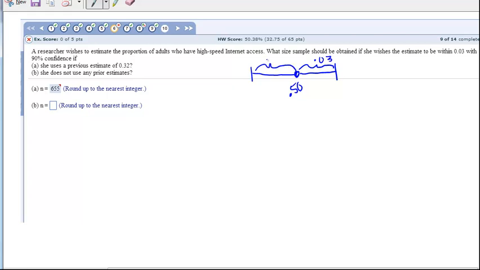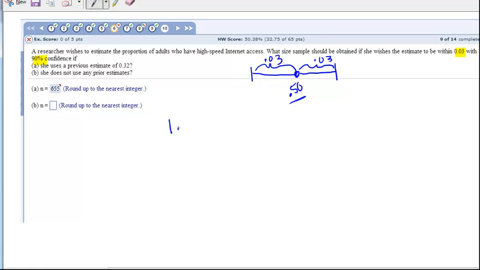The estimate has to be within 0.03 either way of this. So again, we want to find the sample that we need to obtain, and we have the same margin of error and 90% confidence.